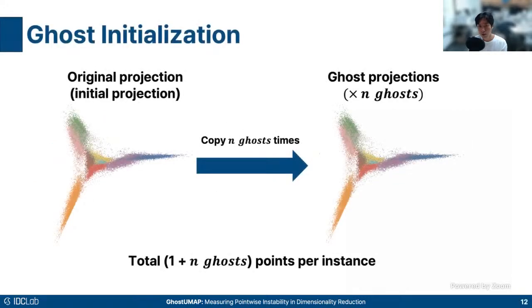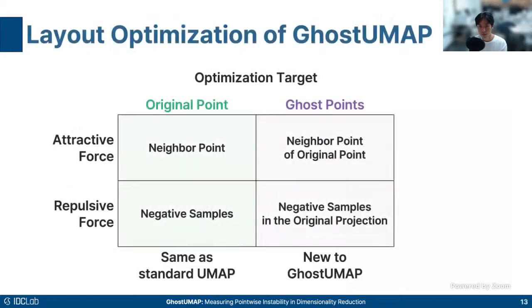The difference between the standard UMAP and Ghost UMAP lies in the layout optimization phase. At the start of this phase, the original projection is initialized. In Ghost UMAP, the ghost projections are generated by simply copying the initial original projection as many times as the number of ghosts. After that, the original and ghost projections are optimized separately.